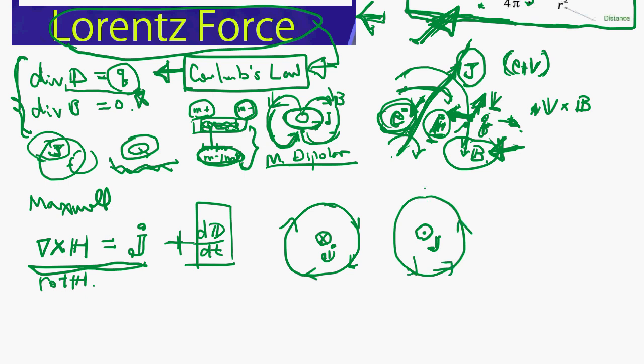Now this is the right hand law. The thumb points in the current direction, and the other fingers show the magnetic field H generated.